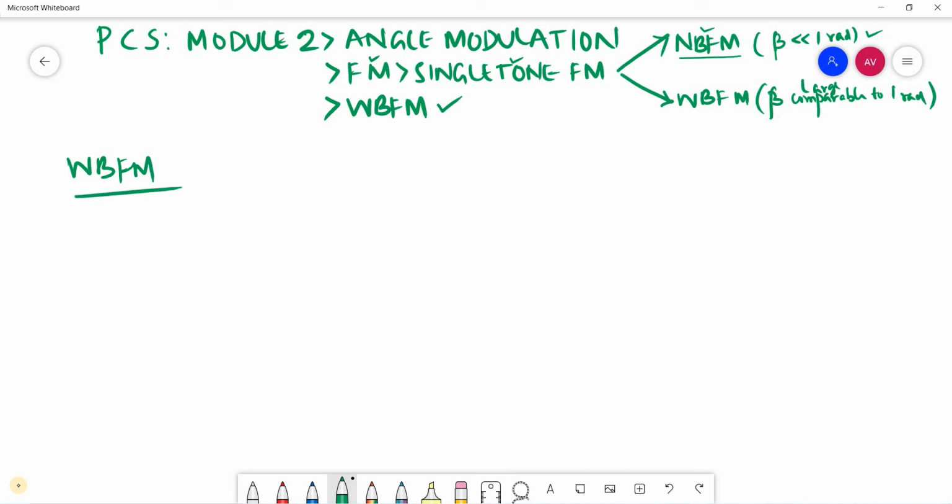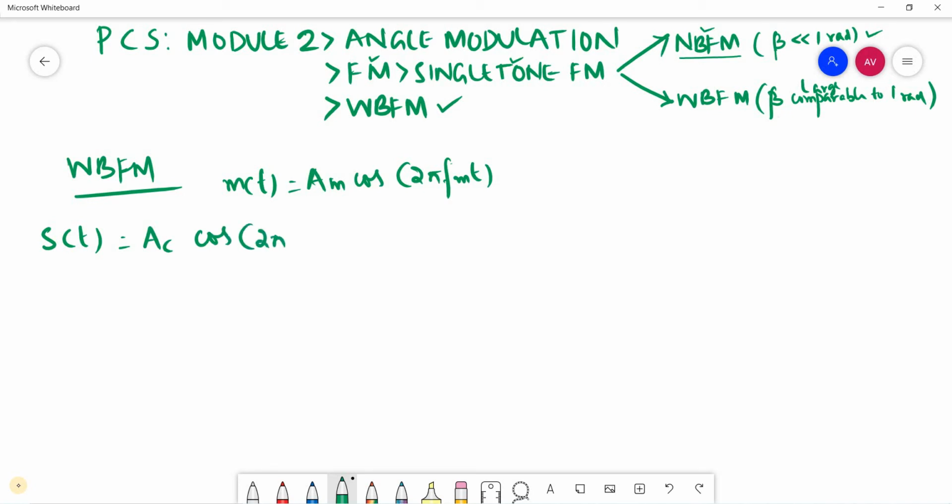We have seen a single tone FM where m(t) is a single frequency sinusoid, that is Am cos 2 pi fm t. The wideband FM signal we can write as s(t) = Ac cos(2 pi fc t + beta sin 2 pi fm t). We saw this in the last session.